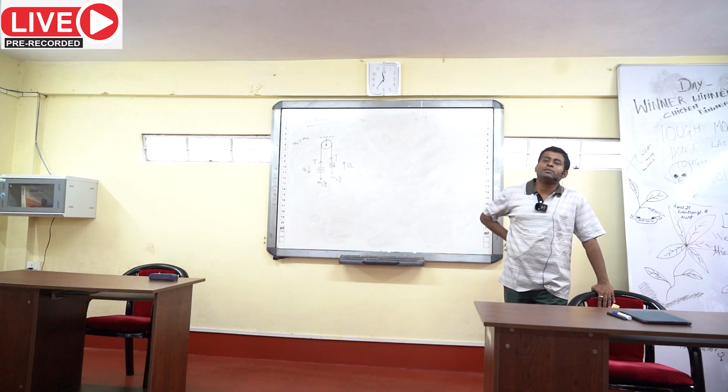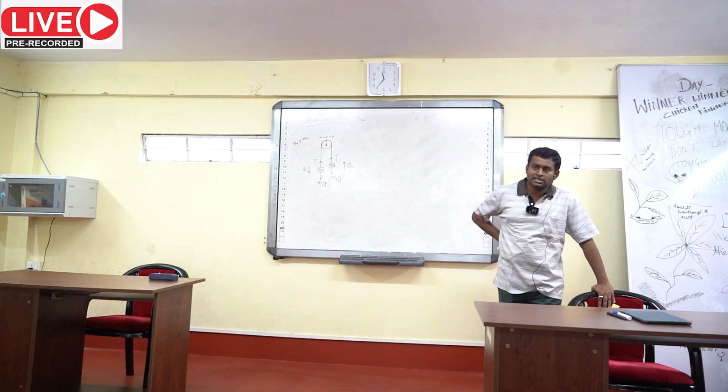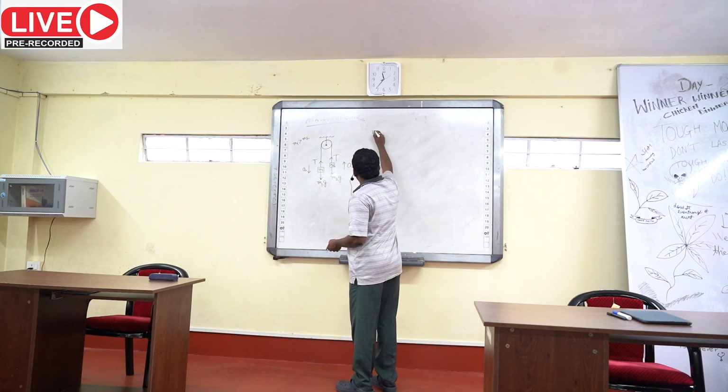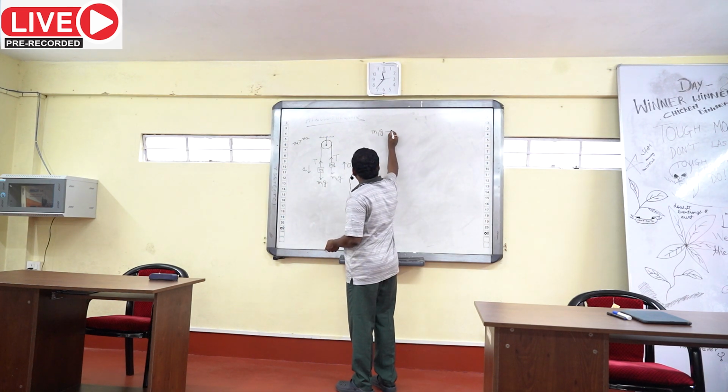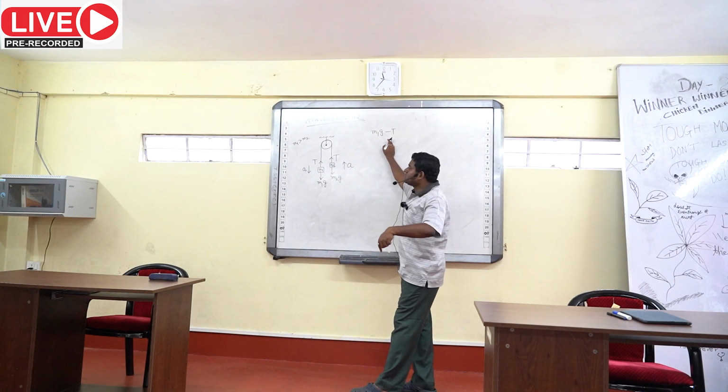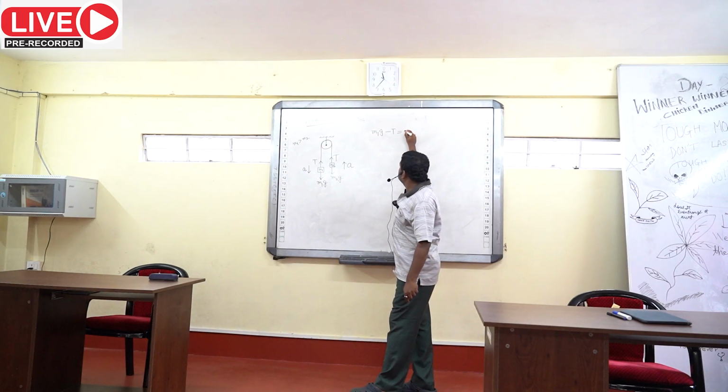So the resultant force will be M1G minus T. So M1G is more than T, so the net force is downward. So the acceleration of M1 is downward. This should be equal to M1 into A according to the second law.